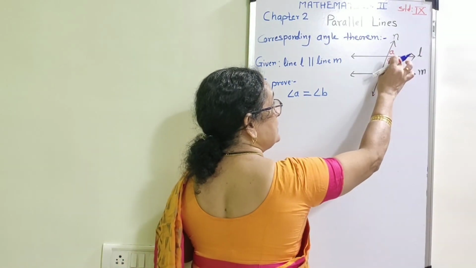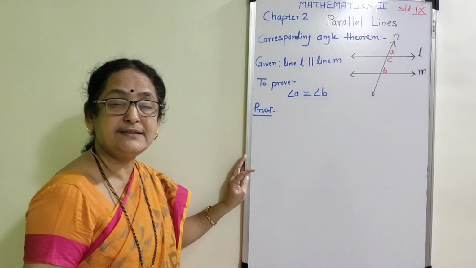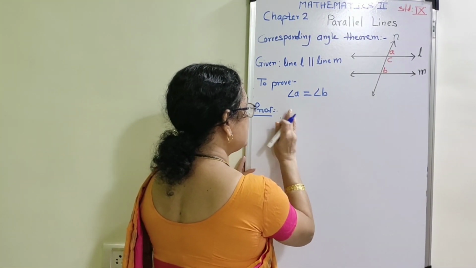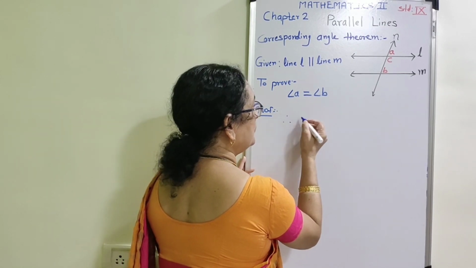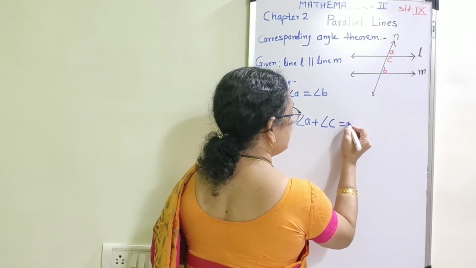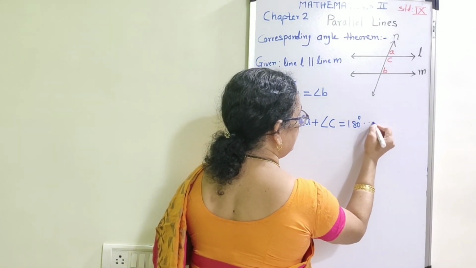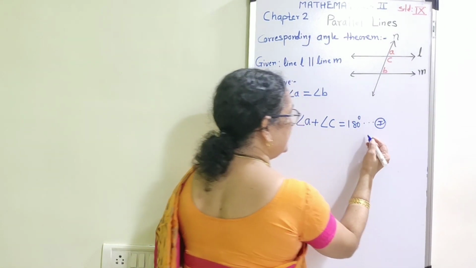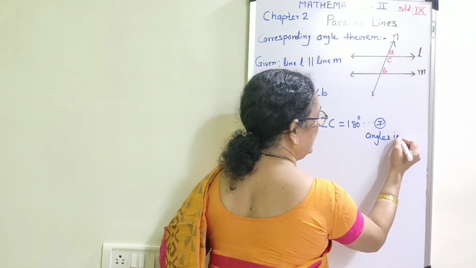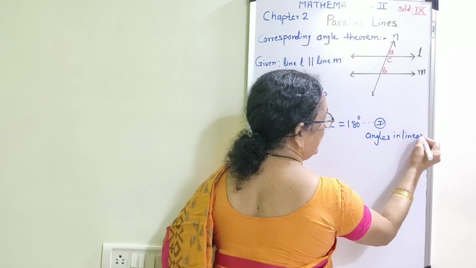Now first of all, I am going to apply the first property, that the angles in linear pair. Angle A and angle C are angles in linear pair, and therefore my first step of the proof is angle A plus angle C is equal to 180 degrees. Statement number 1, the reason is angles in linear pair.